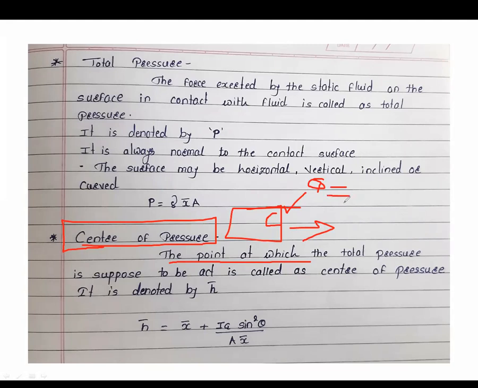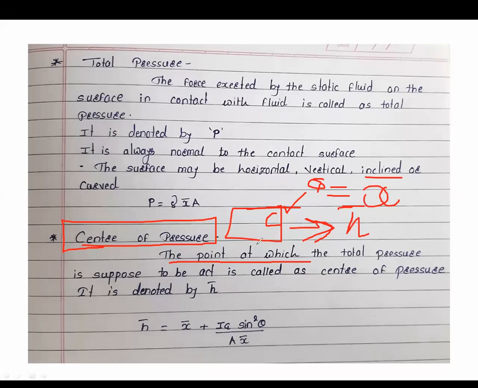G is the center of gravity, and its depth is represented by x bar with respect to the free surface. C is the center of pressure, and its depth with respect to the free surface is H bar.